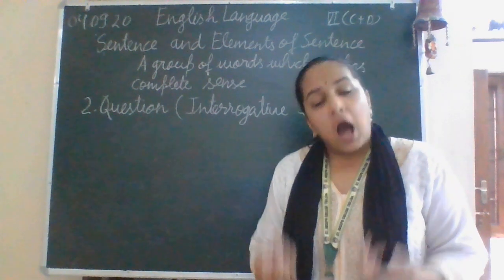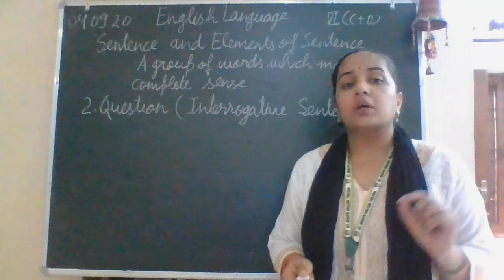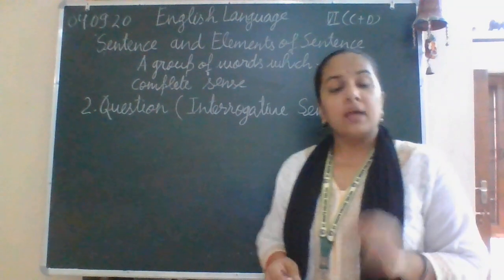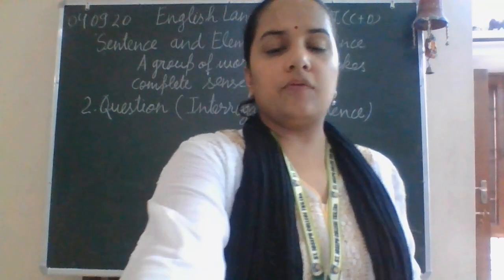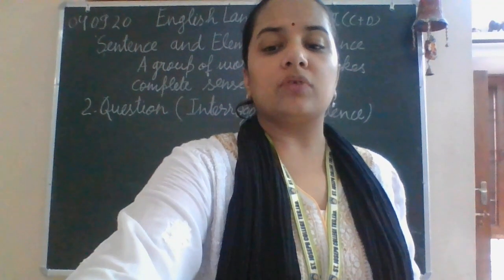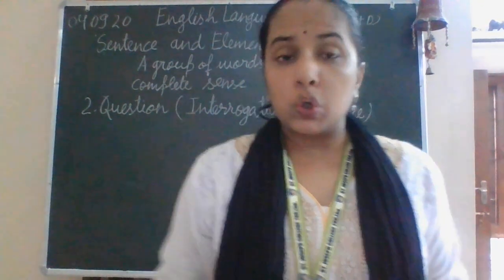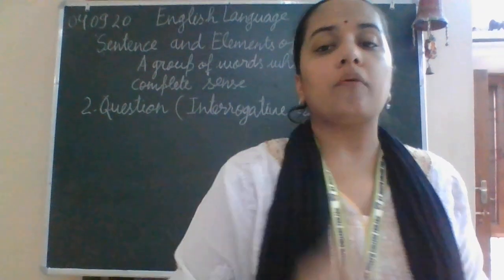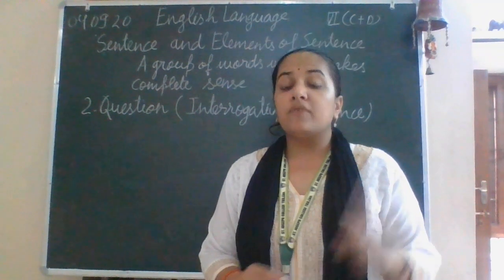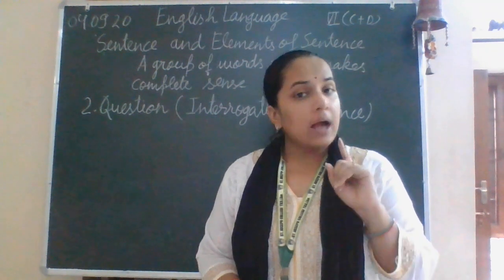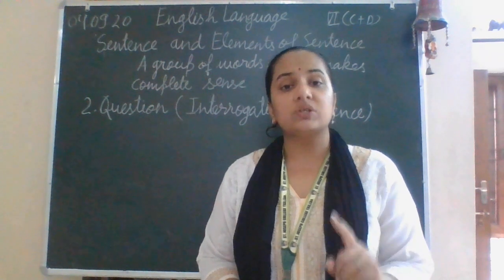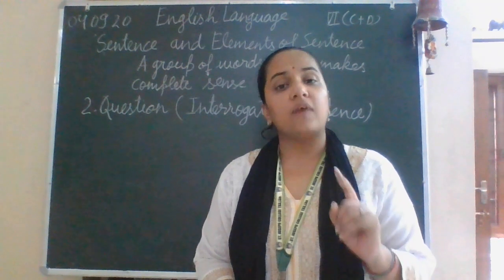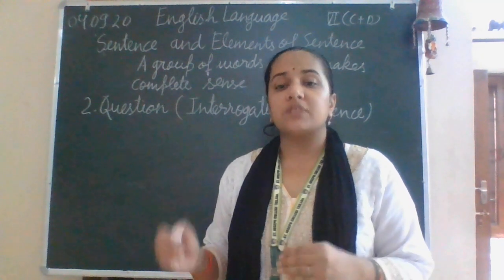But how will we identify it if the question word is not there? We can identify that with the help of the question mark. When we were discussing, I told you it is compulsory to put a question mark at the end of an interrogative sentence.